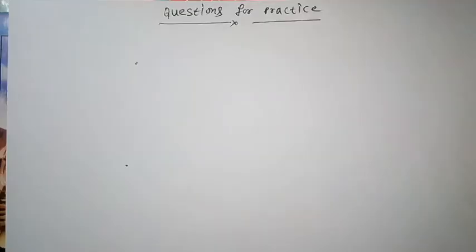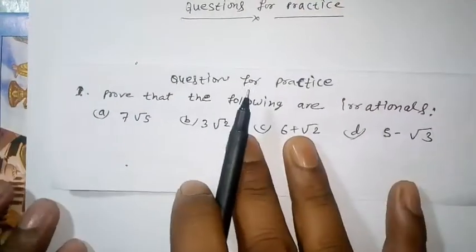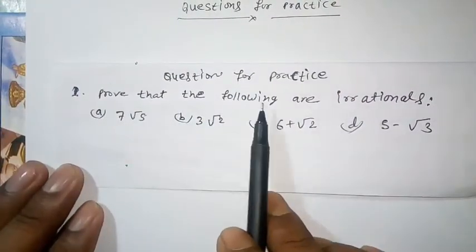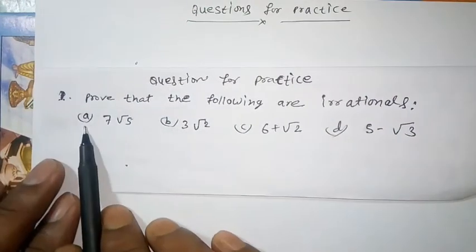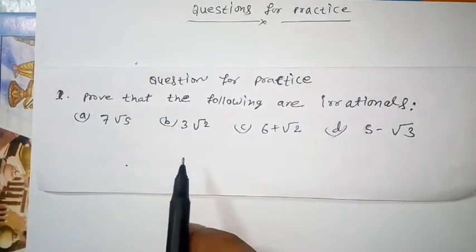First question of your practice is, prove that the following are irrational. Question number 1a, 7 root 5. Okay, now solve.